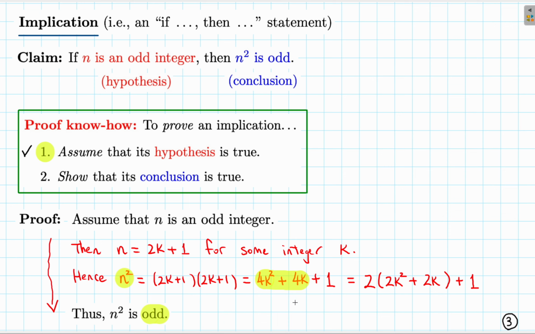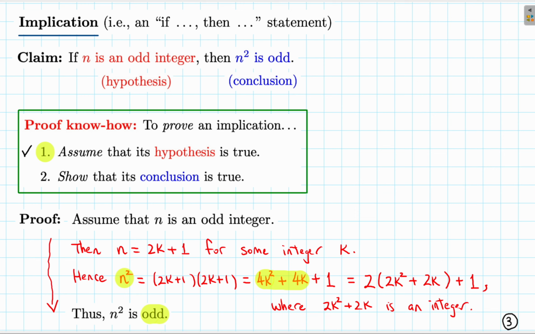And to make that extra clear, we can also write, comma, where 2k squared plus 2k is an integer. So that's just being extra clear about our work. And thus, we can say that n squared is odd. And that's the end of our proof.